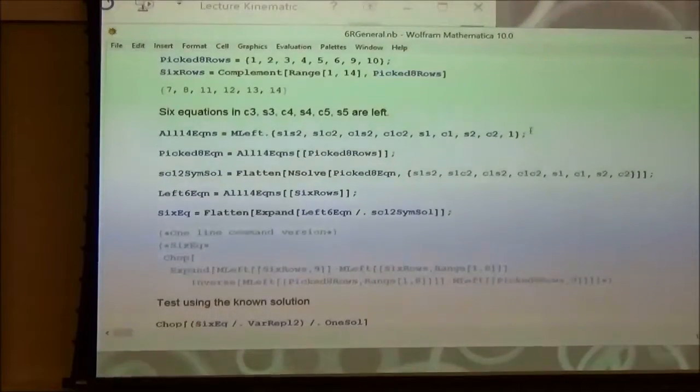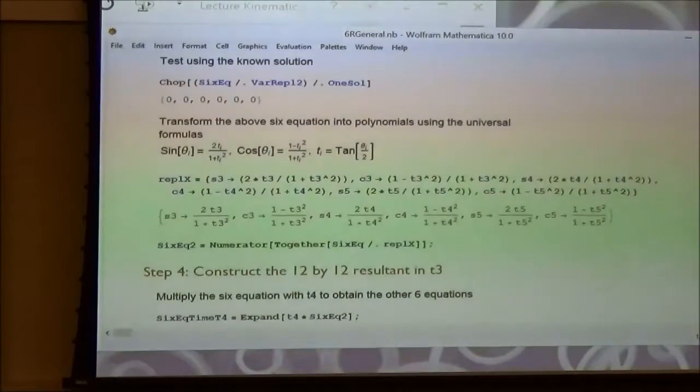This step actually obtains 6 equations from here. So right now it's linear algebra. You eliminate theta 1 and 2, and then the next step is to eliminate 3, 4, and 5.